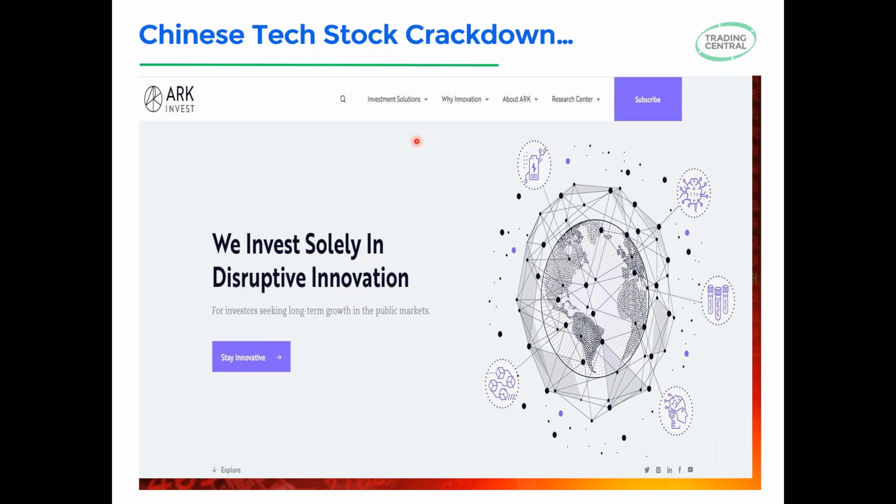invests in disruptive innovation, where they are operating maybe four to five ETFs. There are ETFs on biotechnology, ETFs on web internet.